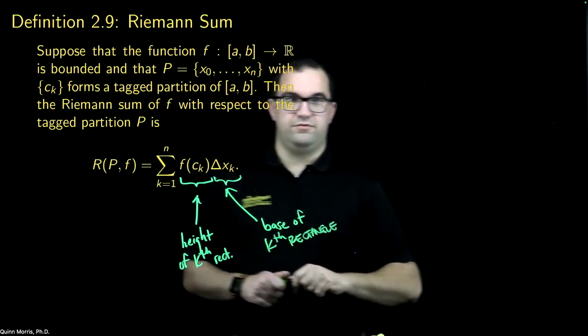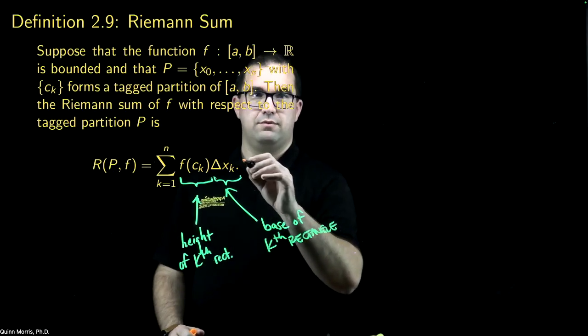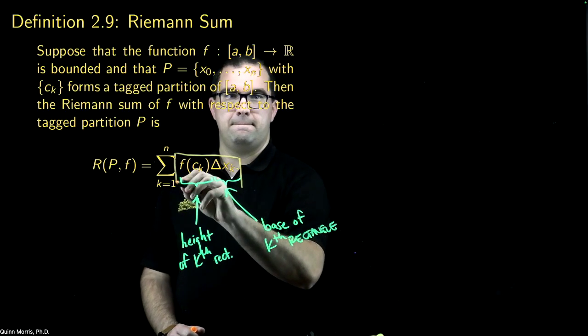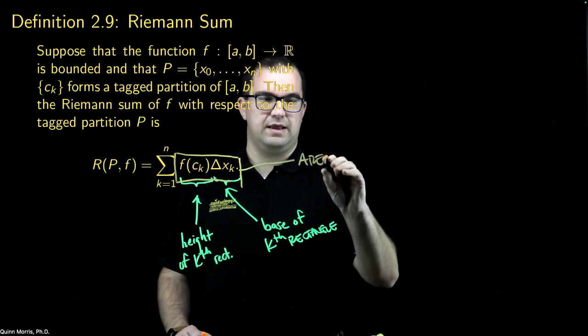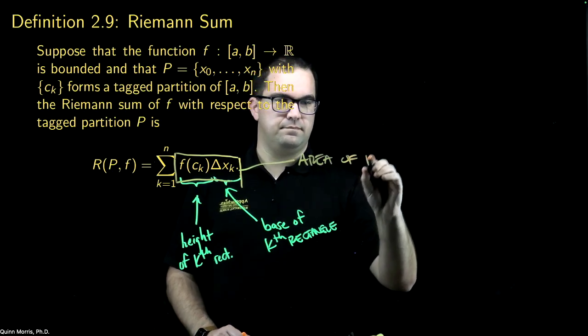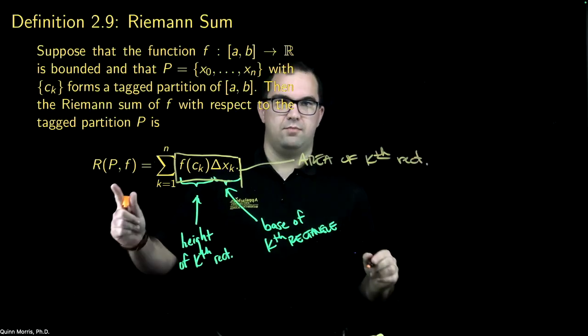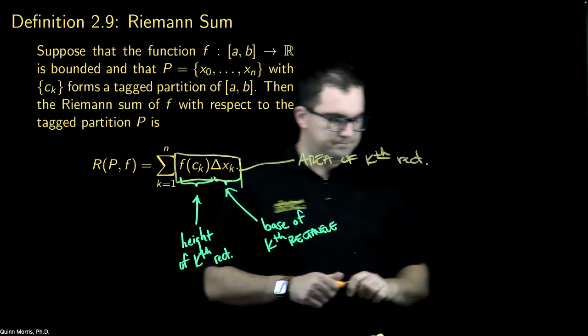If you take the height of a rectangle times the base of the rectangle, what I end up with in this term is just the area of the kth rectangle. And I add them all together to get my approximation.